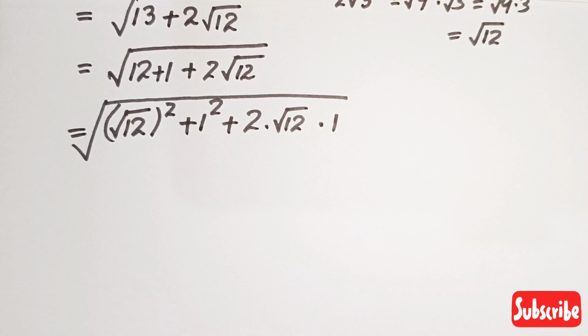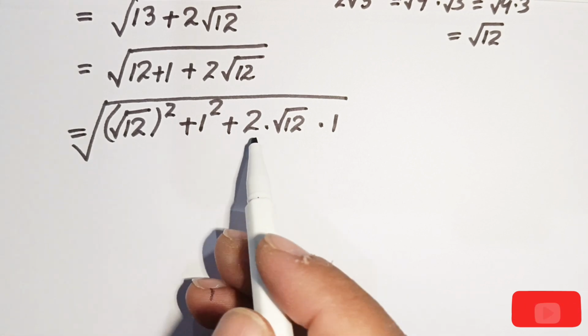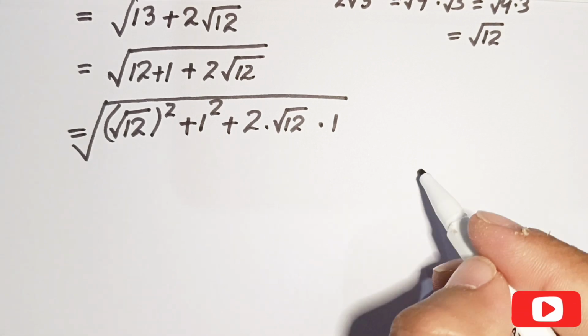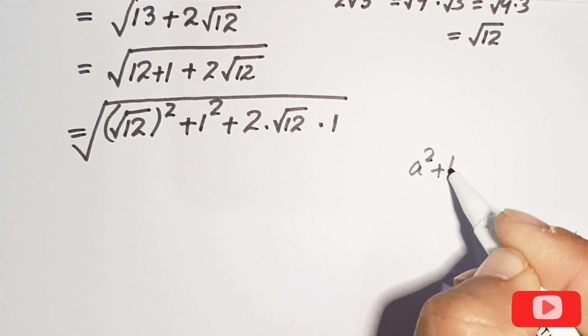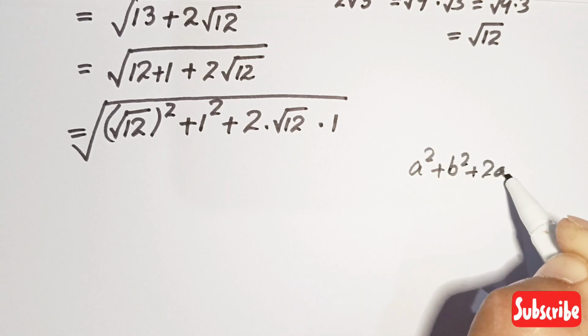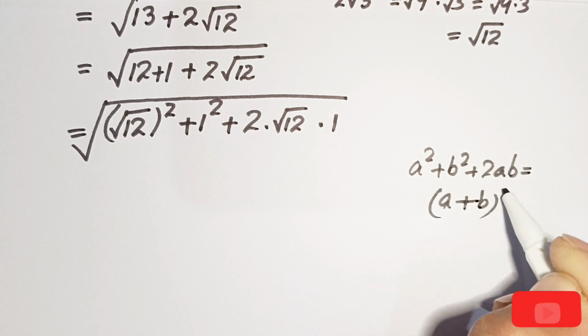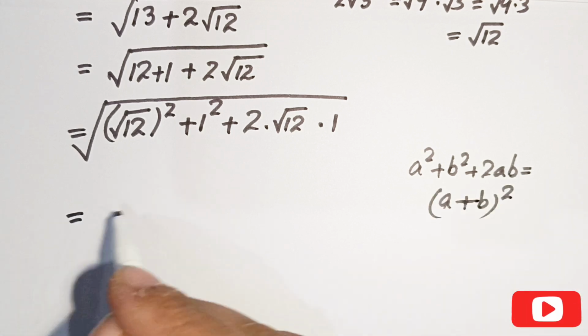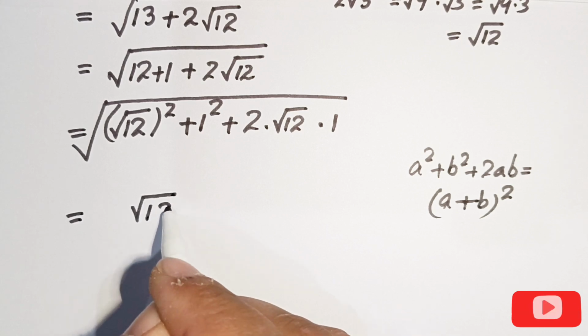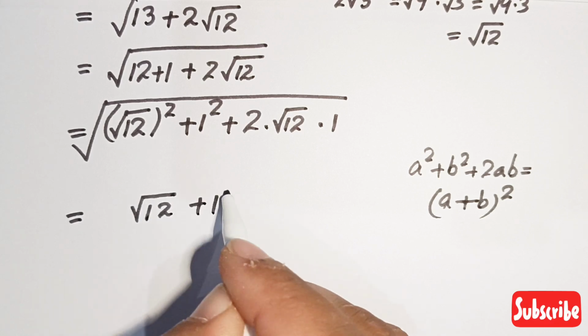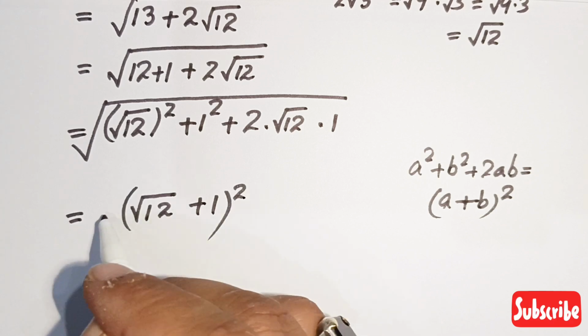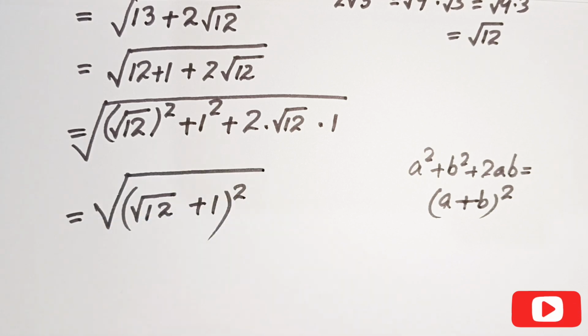Now we see that it is a squared plus b squared plus 2 times a times b, which is equal to a plus b whole squared. So it will be square root of 12 plus 1 whole squared, and then the square root.